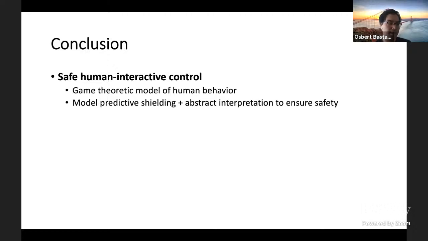We haven't accounted for this kind of learning. Certainly pi-hat can be general and take into account these behaviors. But if you want the shield itself to adapt, I think it is possible, but that's not something we've done yet. Okay, thank you.